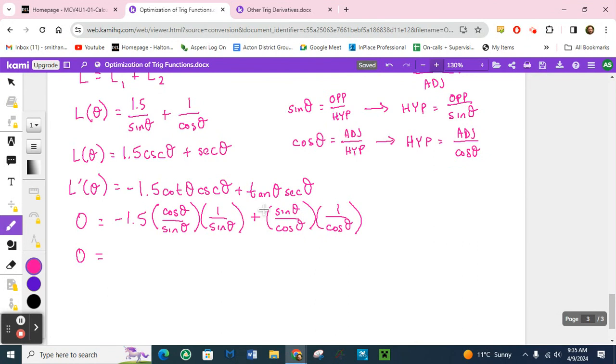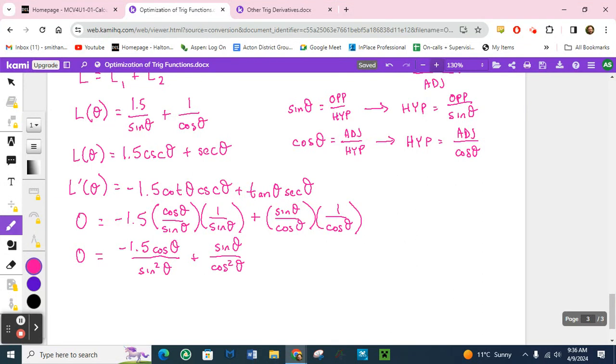Let's clean it up a little bit. So from the first one, we get minus 1.5 cosine theta over sine squared theta. The second one is plus sine theta over cosine squared theta. And maybe you see where this is going.